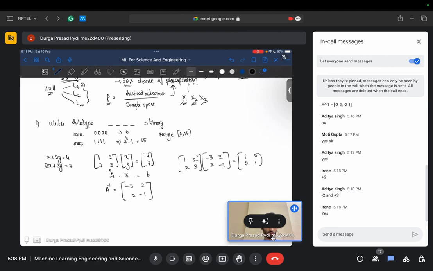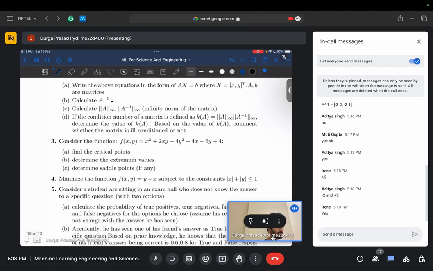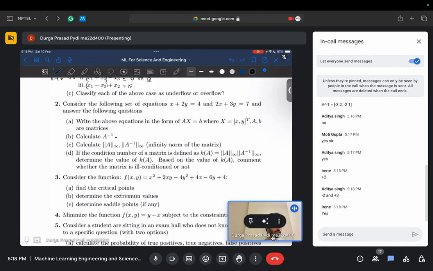So now that I know A inverse, the next part asks you to calculate the infinite norm of a matrix. I'm not sure if you are familiar with it. So how do you calculate the infinite norm of a matrix?